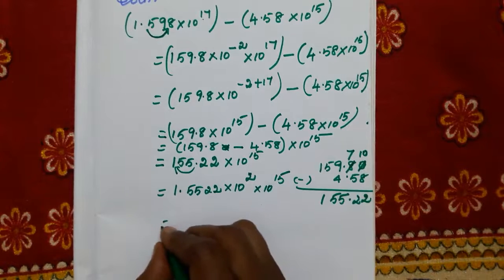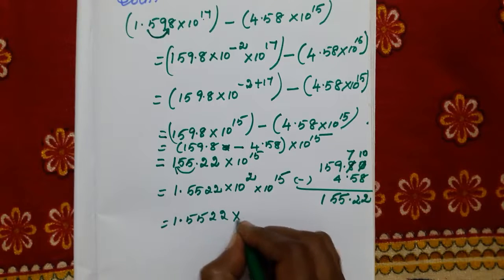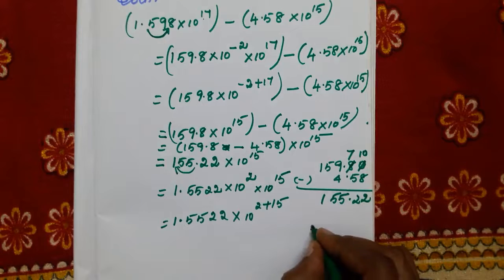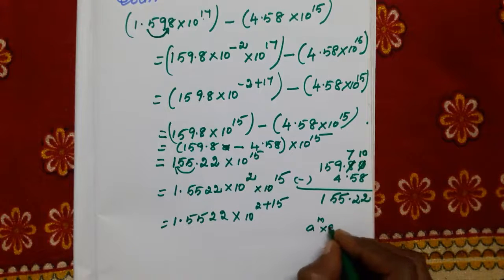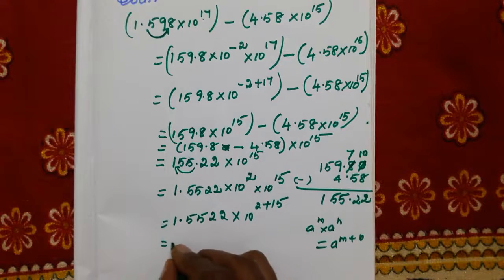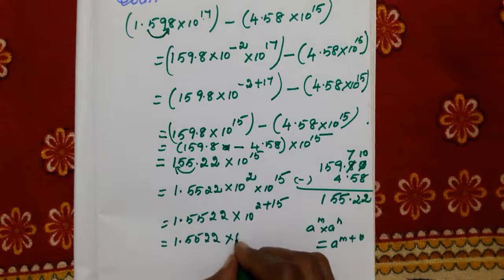So it's equal to 1.5522 into 10 power 2 plus 15. A power m into a power n is equal to a power m plus n. It's equal to 1.5522 into 10 power 17 is the answer.